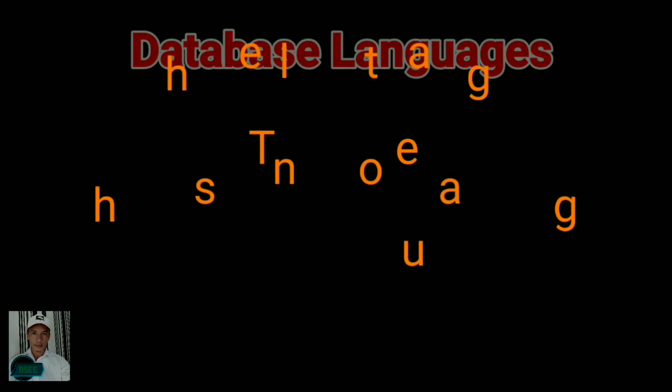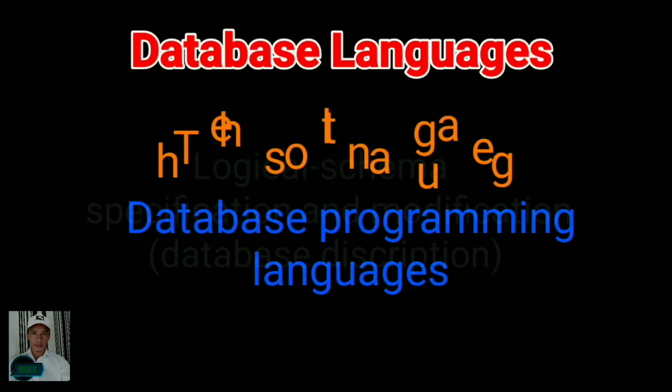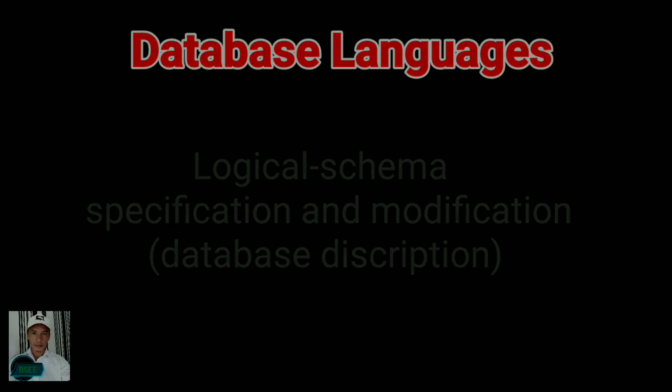There are two types of database languages: those that do not have full programming capabilities and are intended to be used in conjunction with a general-purpose programming language, the host language, and those that do, database programming languages. Both logical schema specification and modification, data description, as well as retrieval and updating, which is database data manipulation, must be supported by a database language.